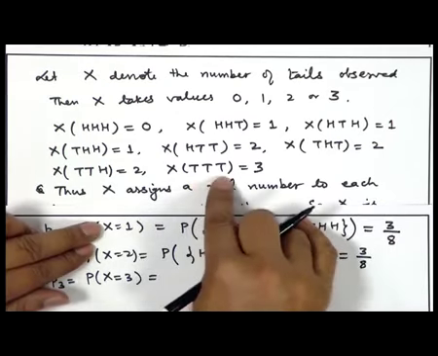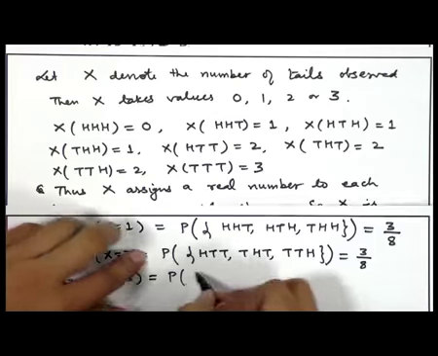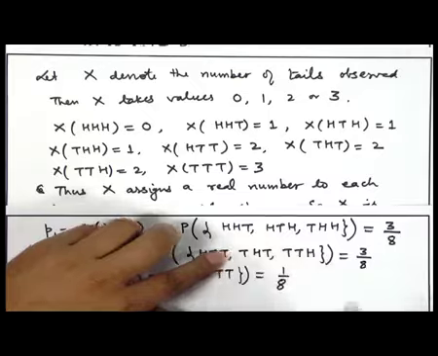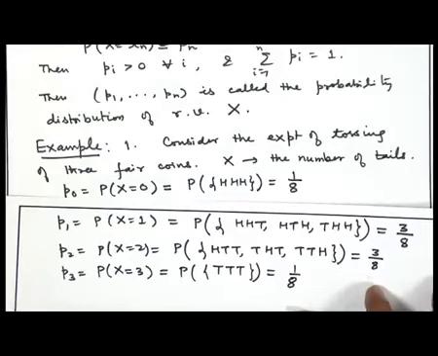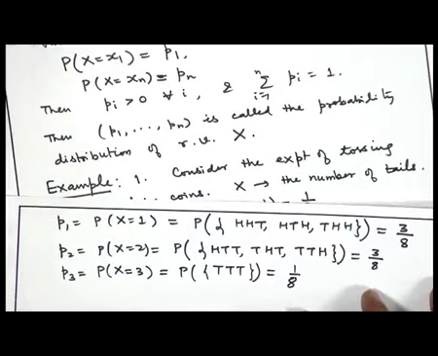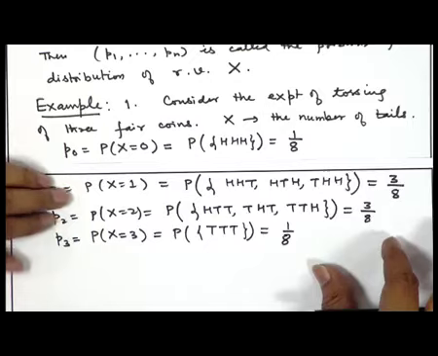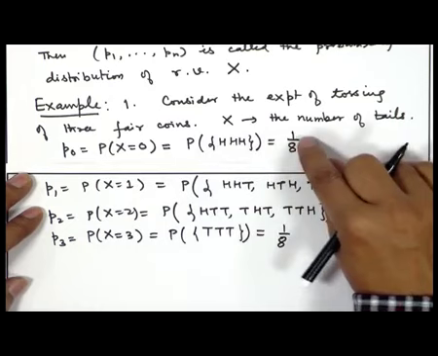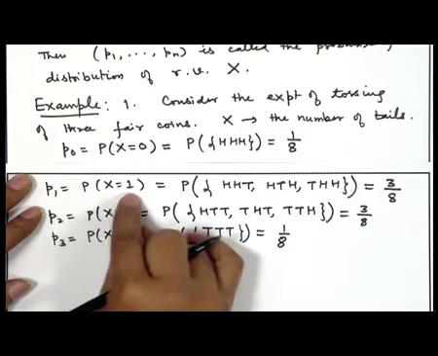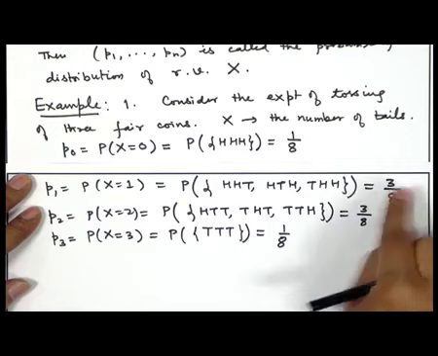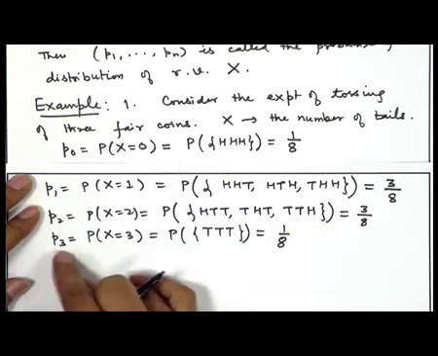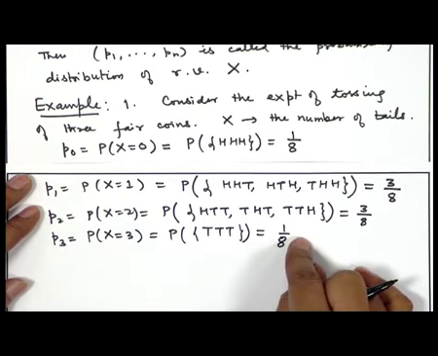So, X is equal to 3 when all the 3 tails are there. So, it is the probability of TTT, that is 1 by 8.